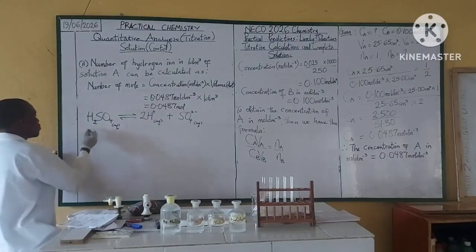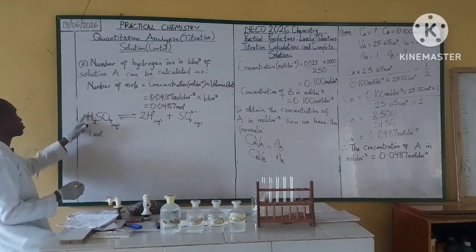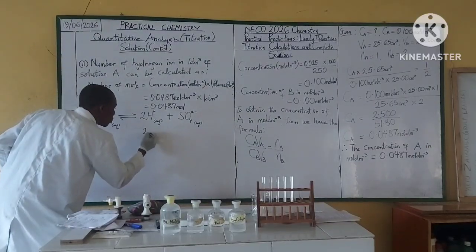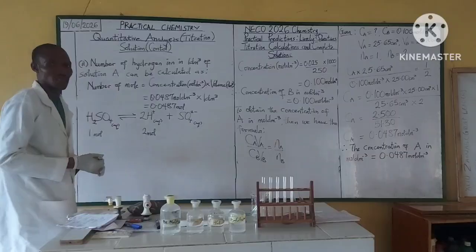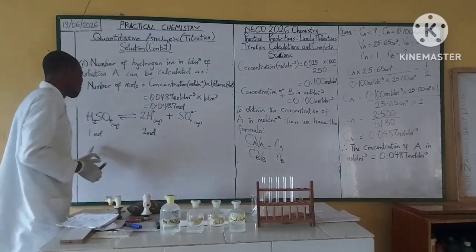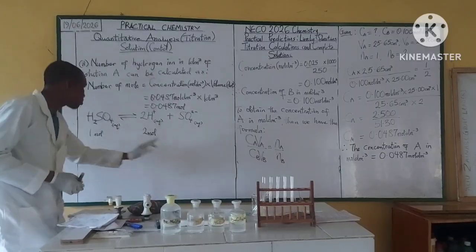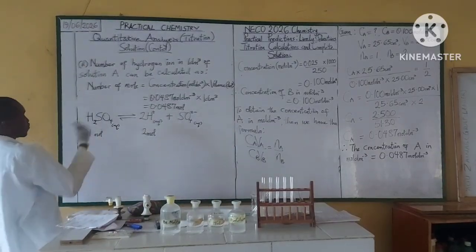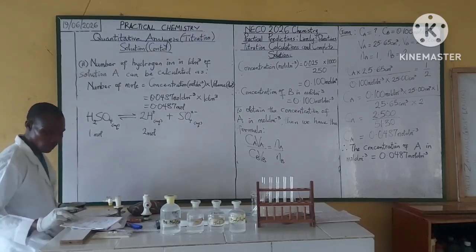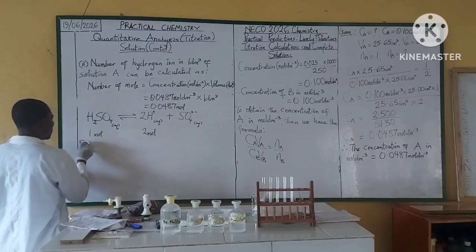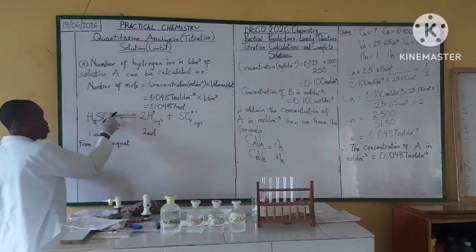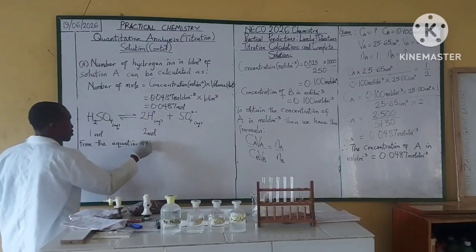One mole of tetraoxosulfate VI acid dissociates to give us 2 moles of hydrogen ion. Therefore, 0.0487 mole of tetraoxosulfate VI acid will give us what mole of hydrogen ion? That's what we are going to state here now. We can now say from the equation above, we are referring to this equation.